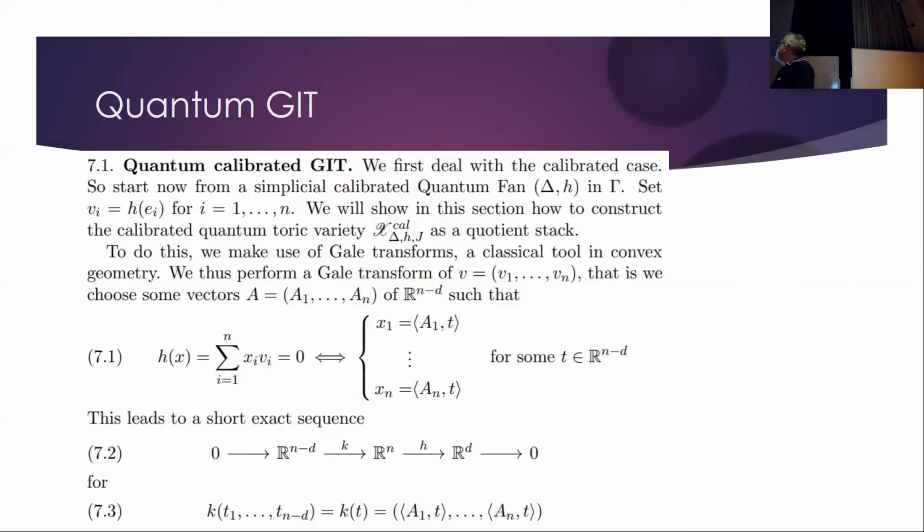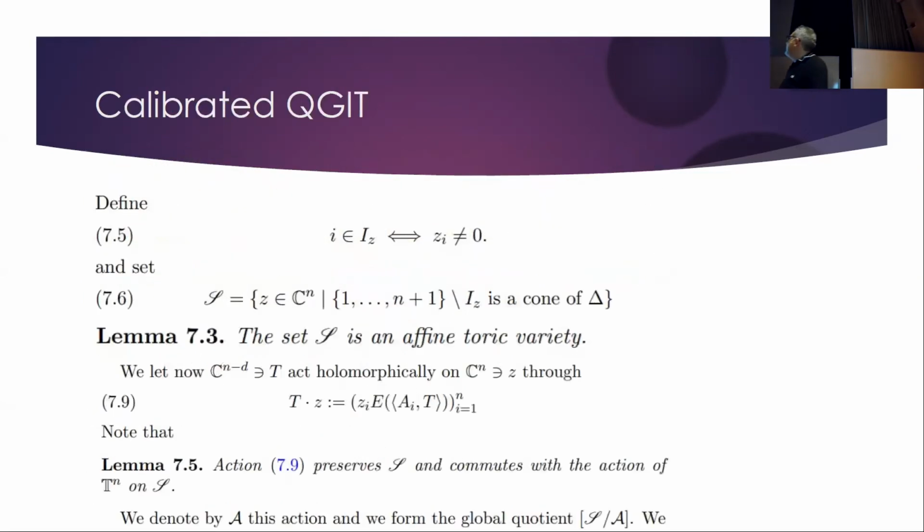This H is a homomorphism from a higher dimensional lattice, from Z^N to R^D, and gamma is the image of H. It's a quantum lattice that is the image of H. And so we can do the Gale transform. If we have H, we can do the Gale transform and get the A's, namely the K. So we have the H, we get the K.